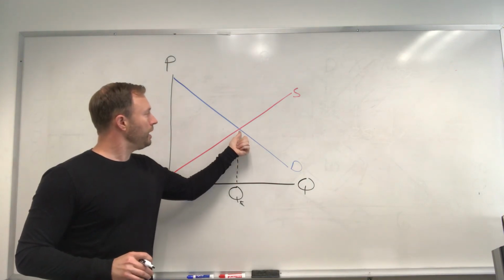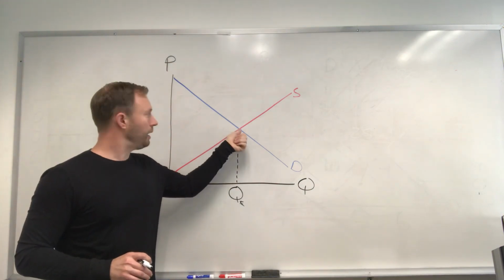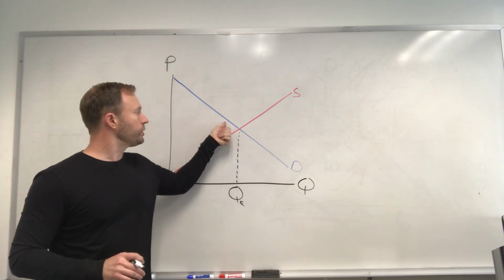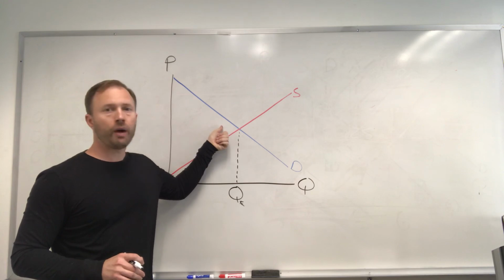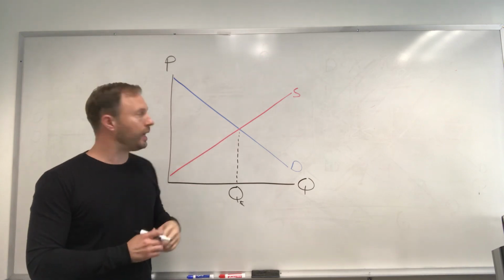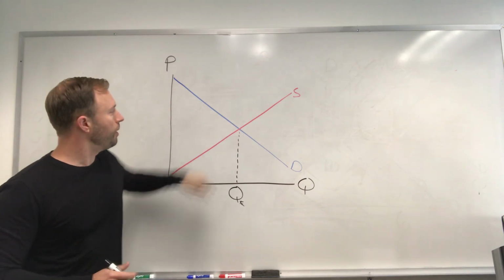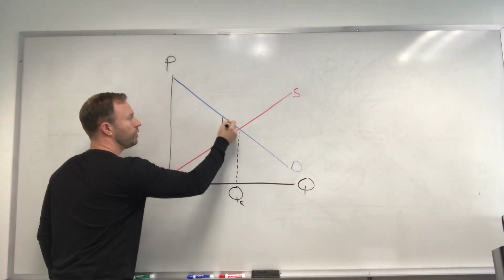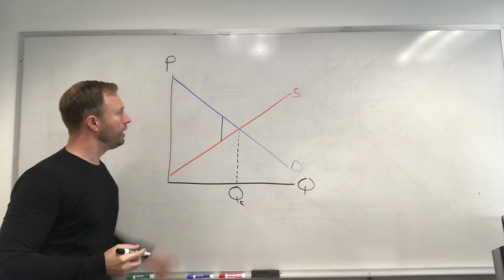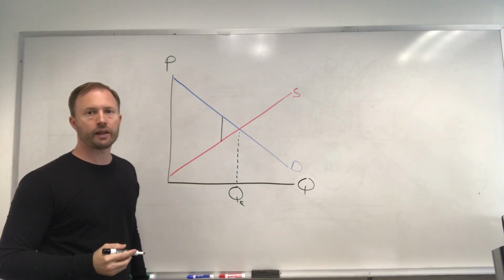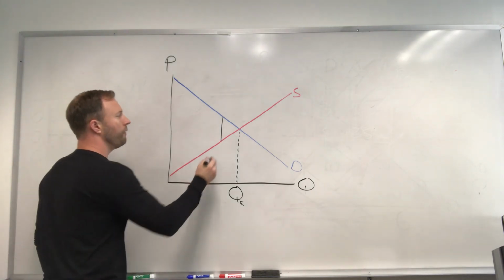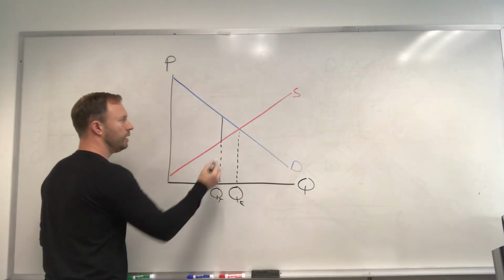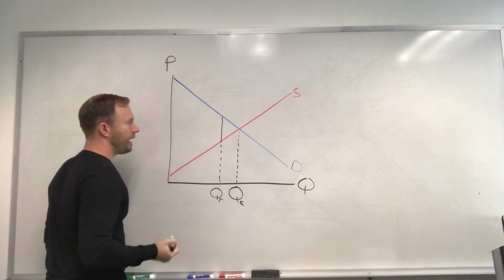Being too short, right, not getting enough transactions, is going to reduce the amount of gains from trade, because there are some transactions that could have happened and would have been beneficial, but they didn't happen because of the tax. So let's call that QT. QT gives up these transactions due to the tax.